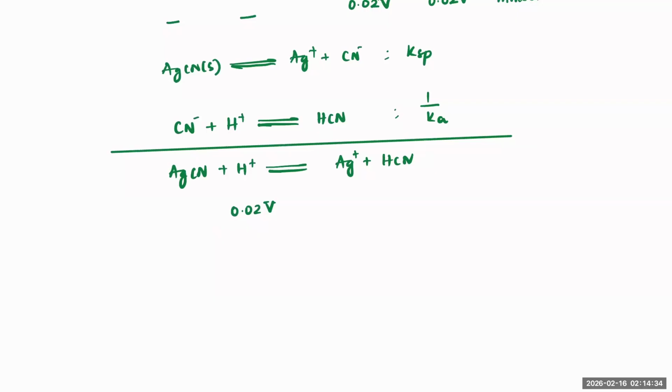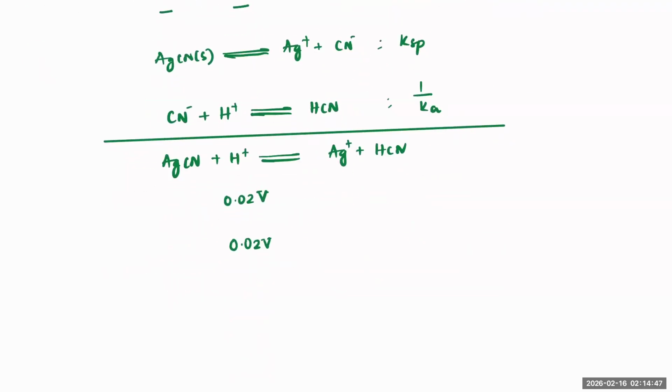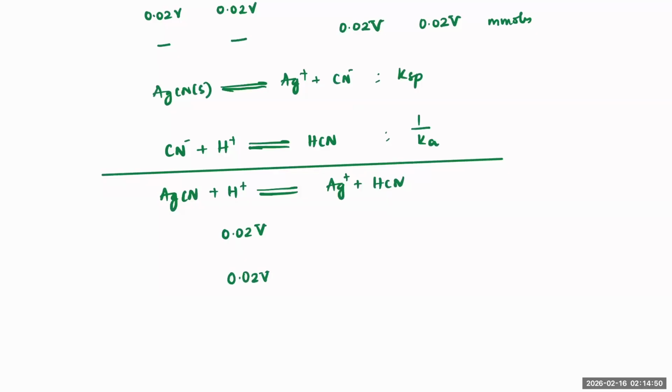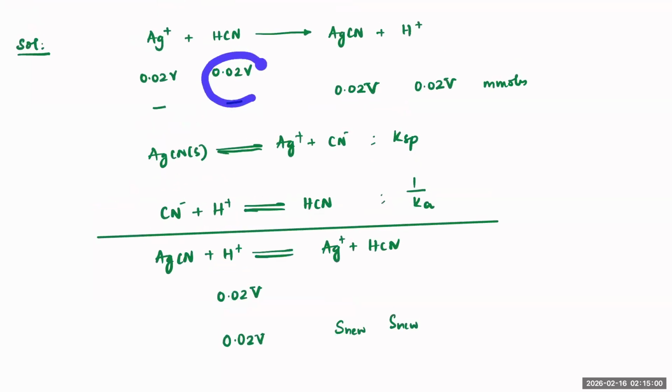In that case, I can say this H plus will almost remain the same as 0.02 V here. And if you compare the Ag plus and HCN concentration, I can say this is something like S' and S', because both of them will be forming in the same amount, because initially they have been consumed already.